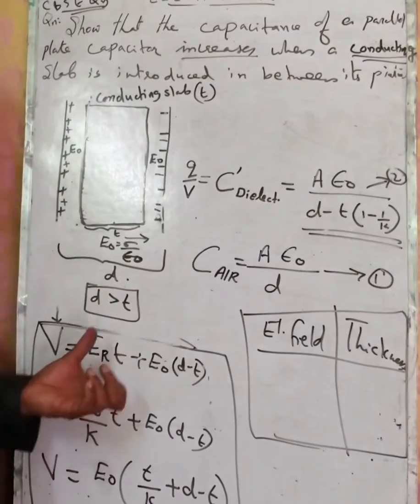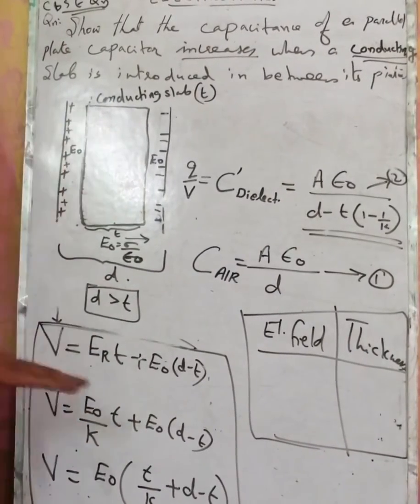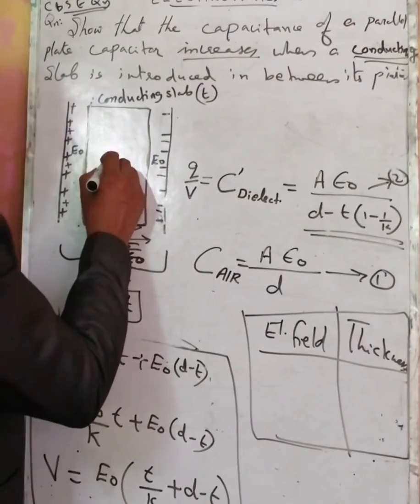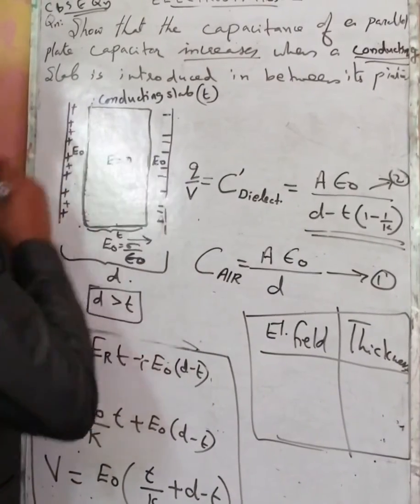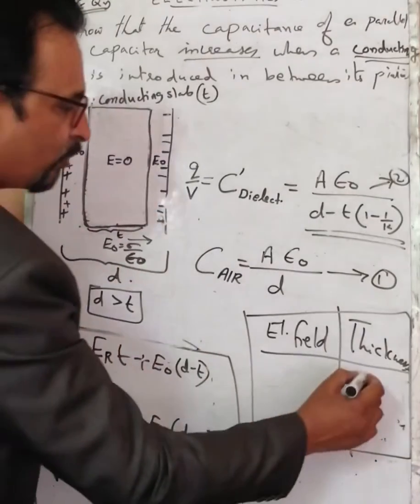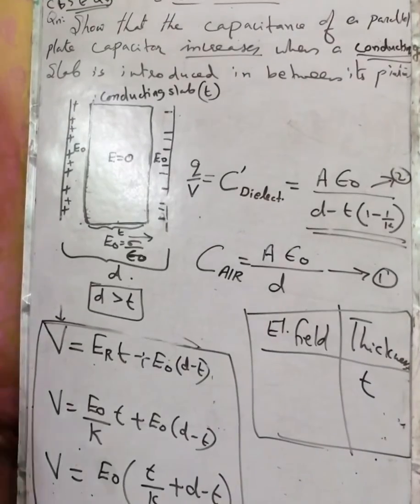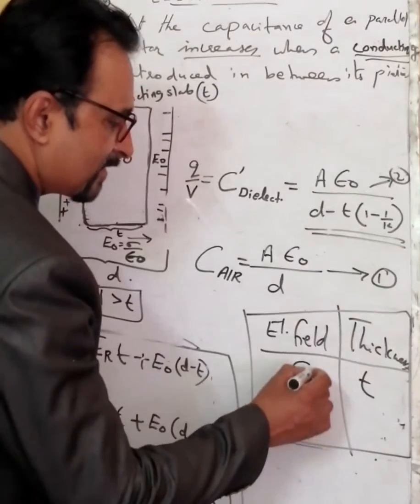That is introduced. If a conductor is placed in an electric field, as we already studied, the electric field inside the conductor is 0. So for the thickness t, how much electric field is there? For the thickness t, the electric field is 0.